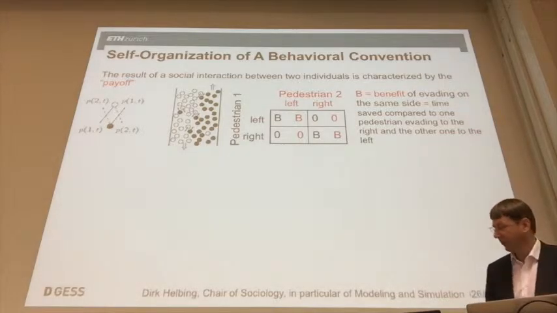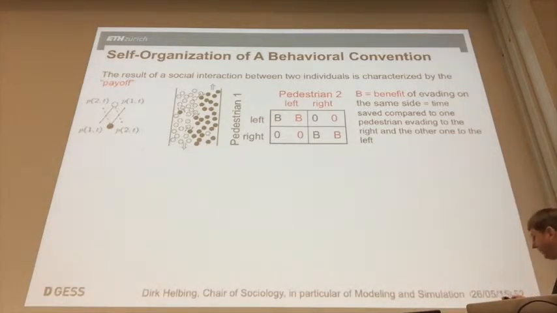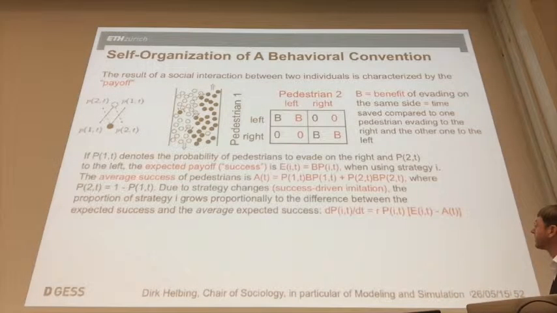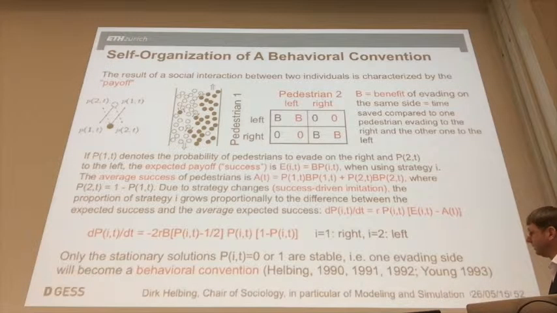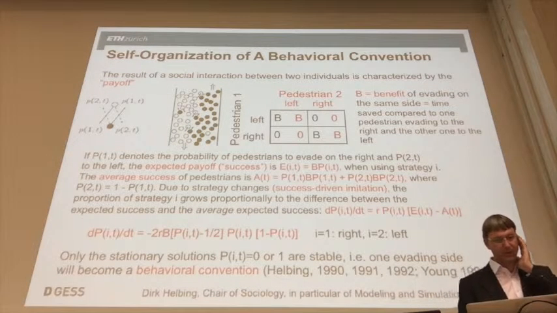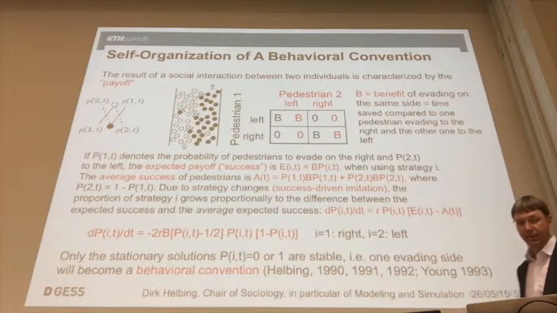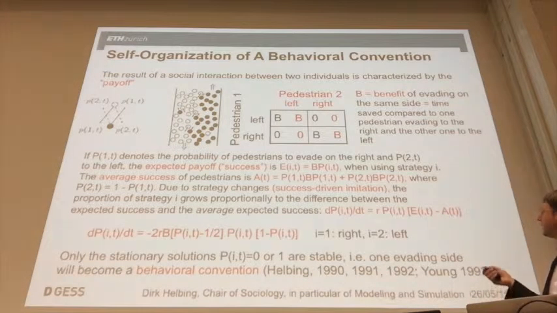Now we can insert this payoff matrix in the replicator equation, or we can use the equation that I have introduced to you before. And what we then get after a number of calculations is this simple equation over here. And as you can see, that has 3 stationary solutions.